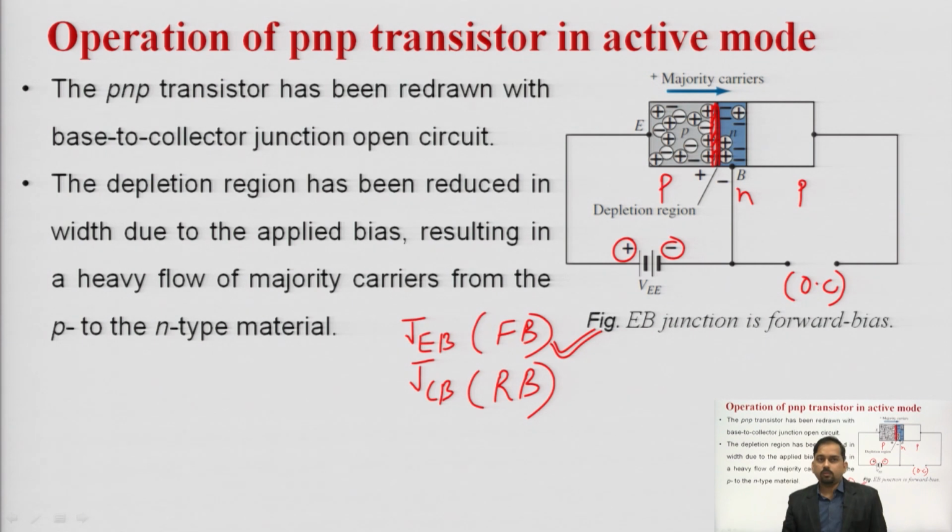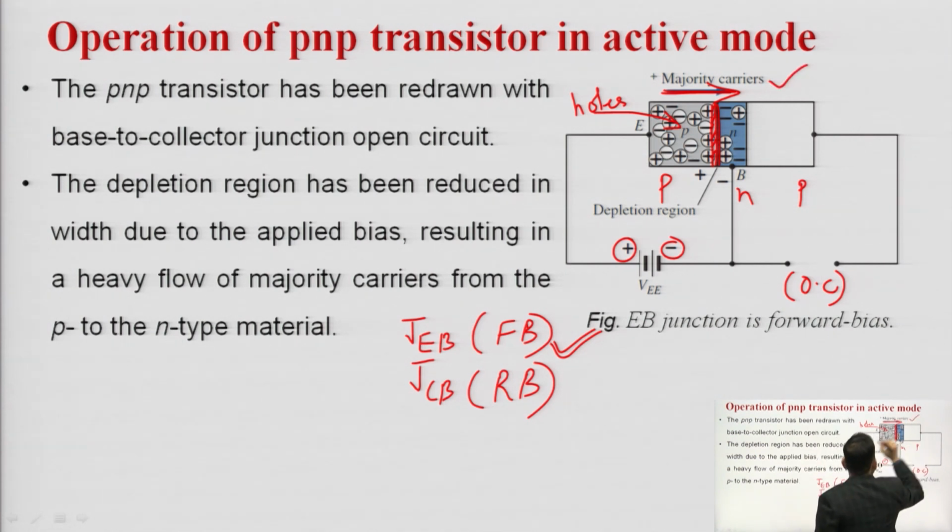Also, the positive of the battery will push the majority charge carriers. What are the majority charge carriers? Holes are the majority charge carriers in the P region. As a result, these holes will move in this direction. This is the contribution of holes during the forward bias. Now, the direction of current is the same as the direction of holes.